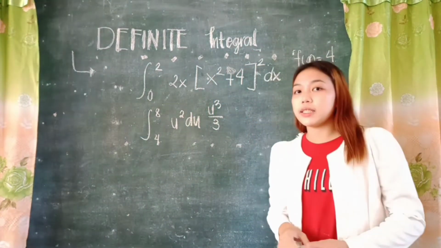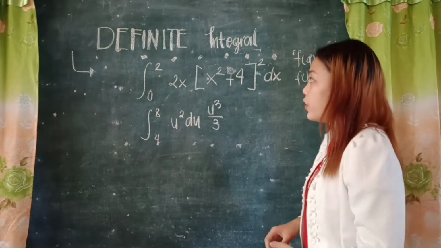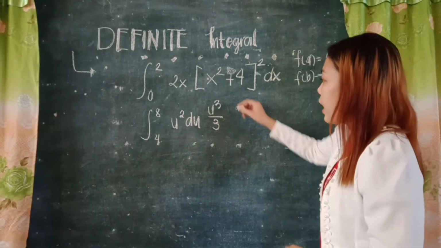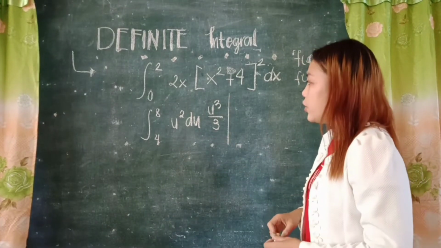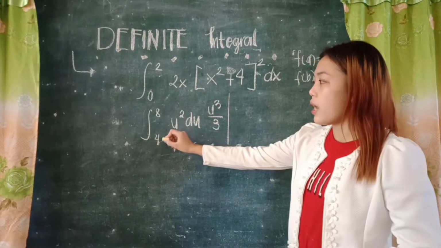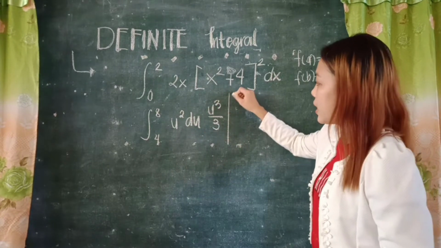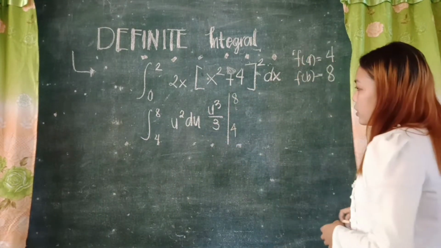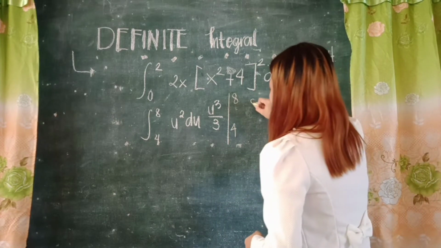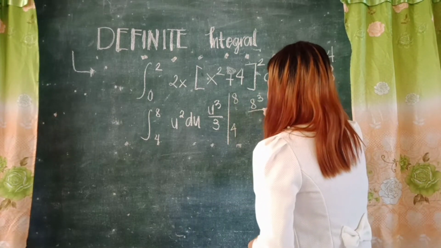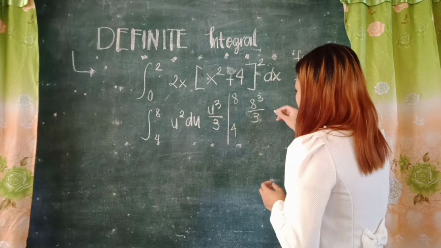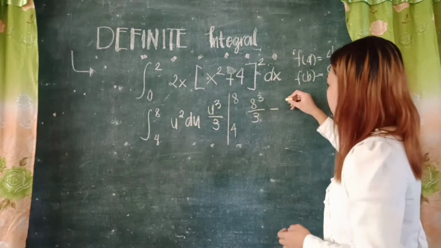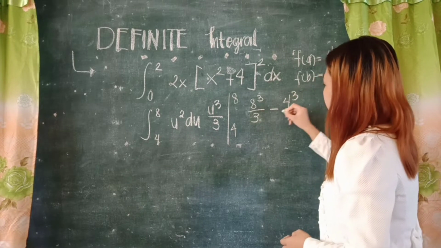To get the final area for the definite integral, we substitute u with the upper limit 8 and the lower limit 4: 8 cubed over 3 minus 4 cubed over 3.